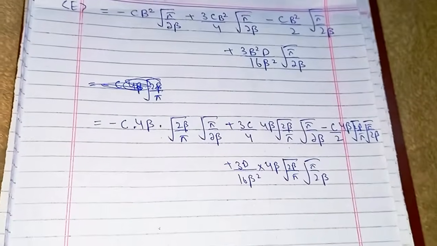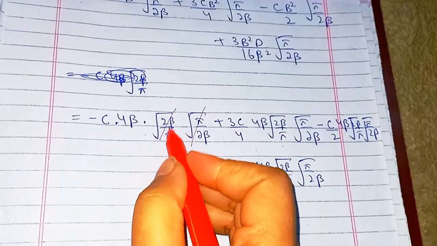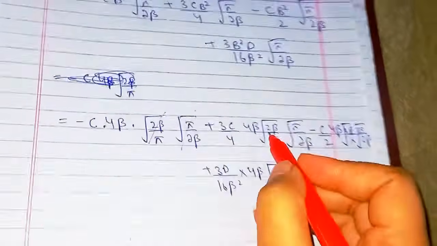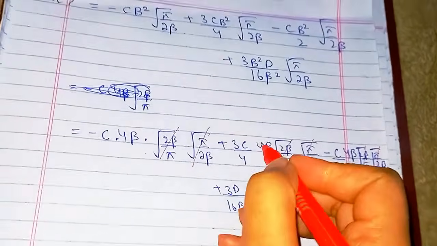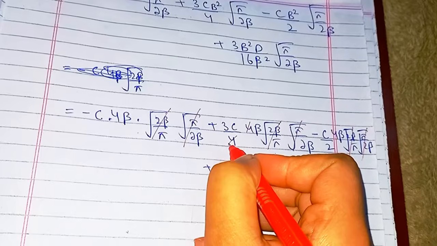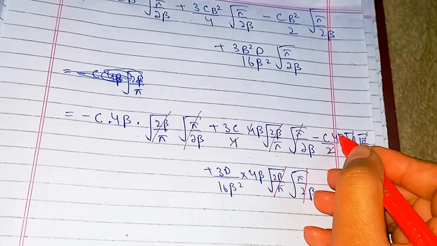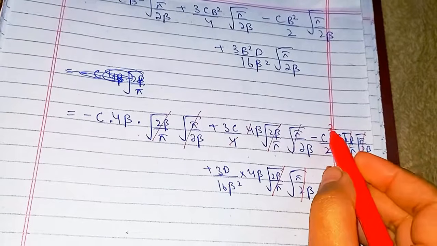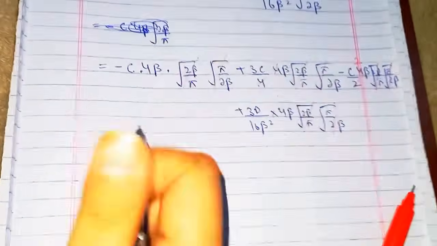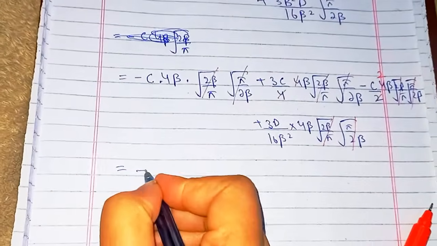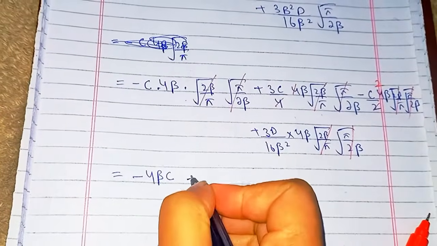Let's cancel out everything. So this cancels out, it's under root pi here, 2 beta cancels out, and this cancels out everywhere. Okay, now this 4 and 4 cancels out as well, and it's 2 here and it's 2 here, so it's 2 beta c that is left behind here. Let's continue writing them down. It's minus 4 beta c here, since everything else cancels out.